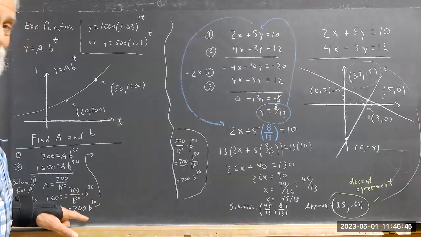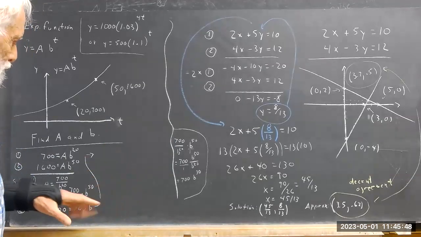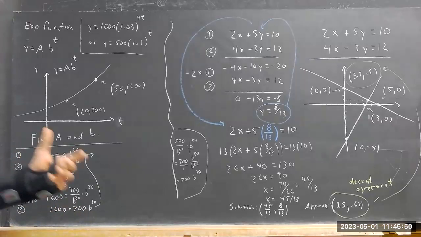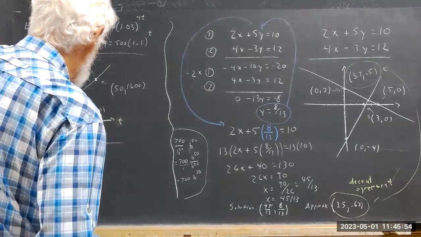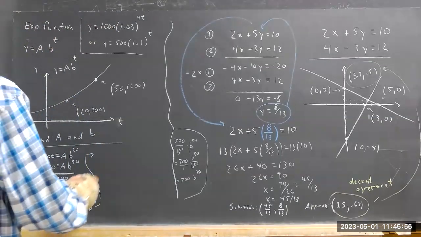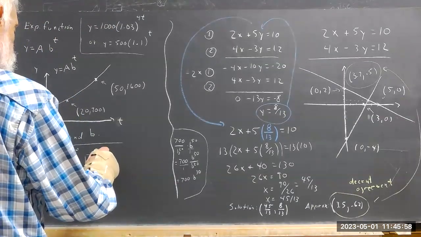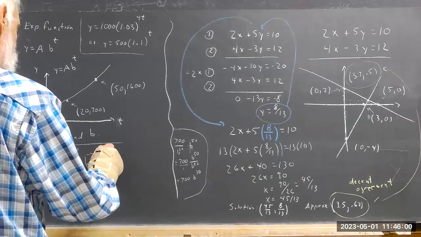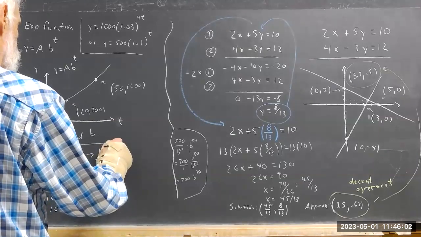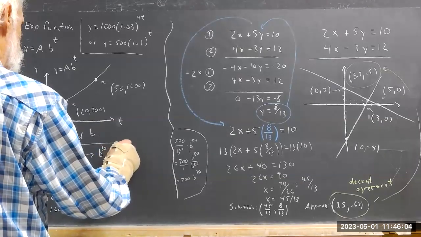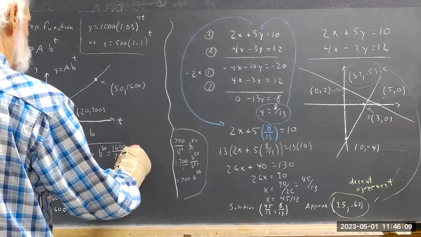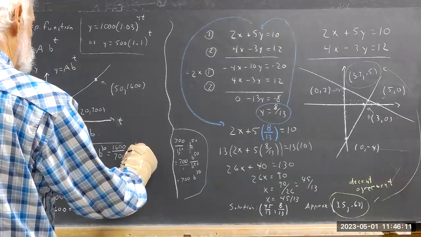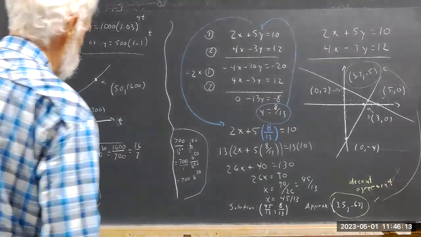Everybody got to this. I had to confirm a little bit about that b to the 30th thing, but that was the instinct, and then immediately divided by the 700. So this would be b to the 30th equals 1600 over 700, which is 16/7.